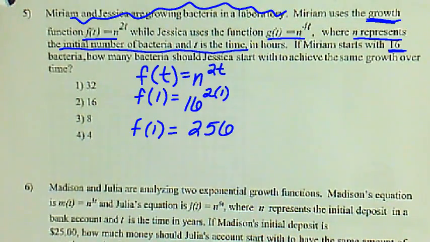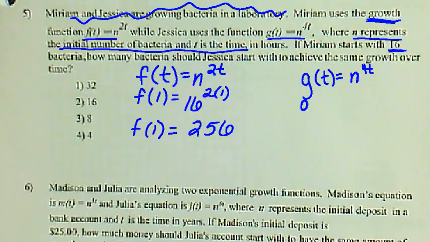Okay, so now what we want to do is we are going to ask ourselves, so now we have g of t equals n to the 4t.